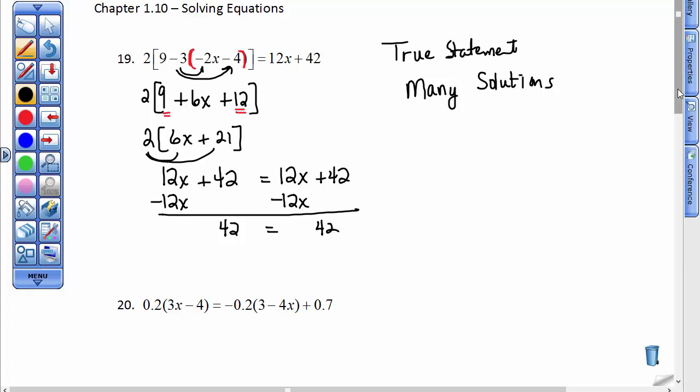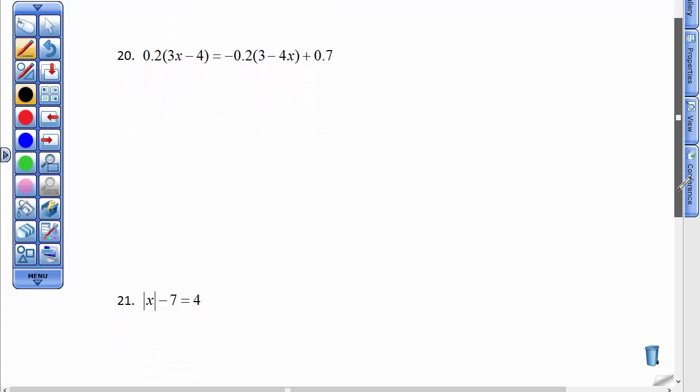Next, when doing a problem with some decimals, I would advocate, because you're using a calculator, just take your calculator and take 0.2 times 3 in case you're going to make a mistake with the decimals. That's 0.6x. And 0.2 times a minus 4 is a minus 0.8. Again here, but careful, this is negative, so that's a negative 0.6.